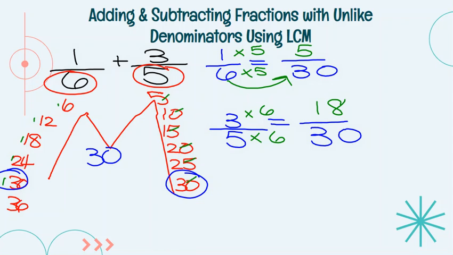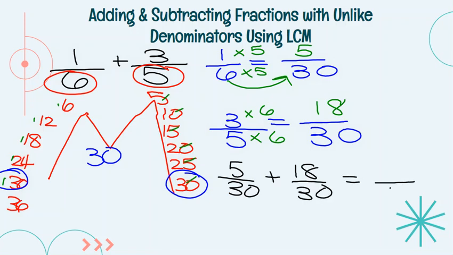So now I just have to say, instead of 1/6 and 3/5, I can say 5/30ths plus 18/30ths equals something 30ths. And I know that I can keep my denominator the same because I've already created two fractions with like denominators. So now I just need to add 5 and 18 together to get my new numerator.